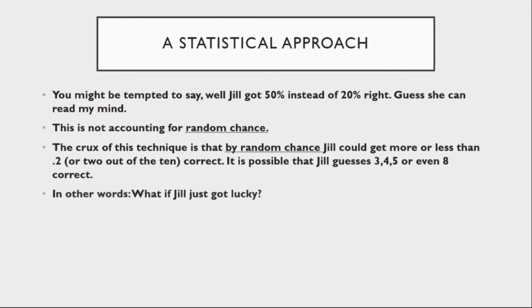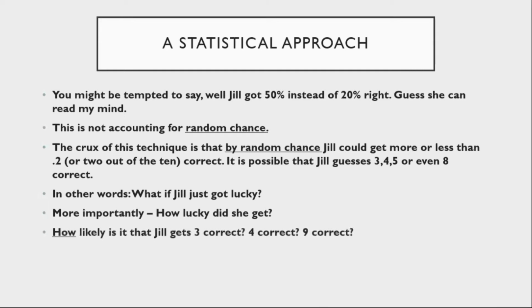In other words, what if Jill's just lucky? She just went to guess wildly and she got lucky. Well, in particular, we want to know then, how lucky did she get? Because we don't just want to hand wave and say, oh, she got lucky. It's important that we be able to describe exactly how lucky she would have gotten. So how likely is it that Jill could have guessed 3, 4, 9 of them correct?